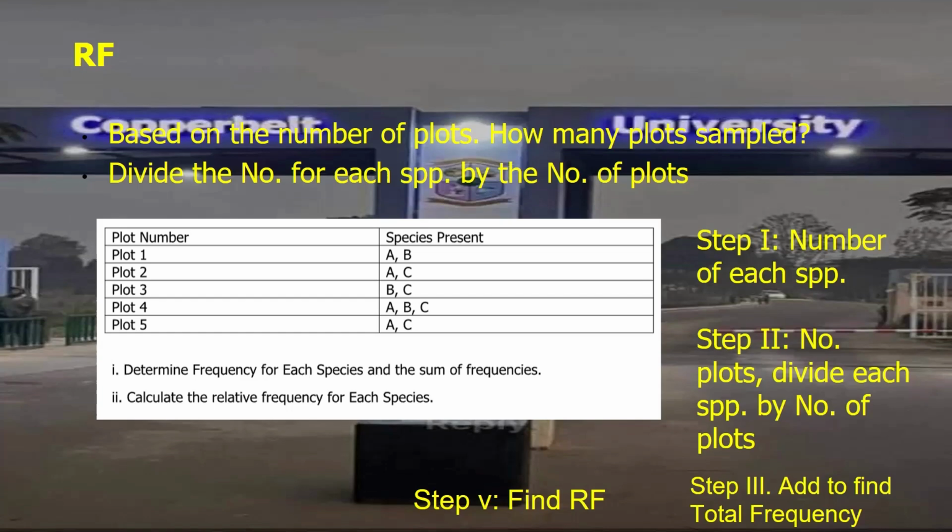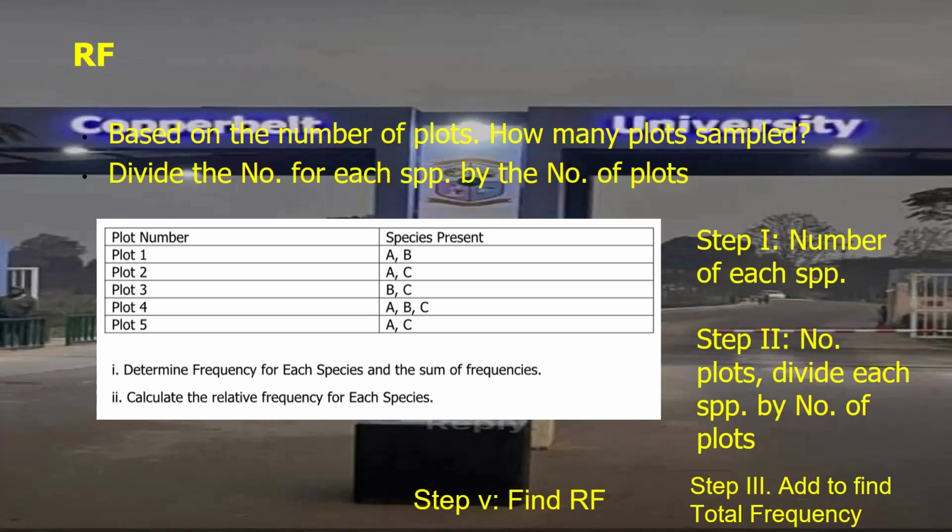So how do we go about calculating the relative frequency? The first thing is we want to count how many species we can find in that area across all the 5 different plots.